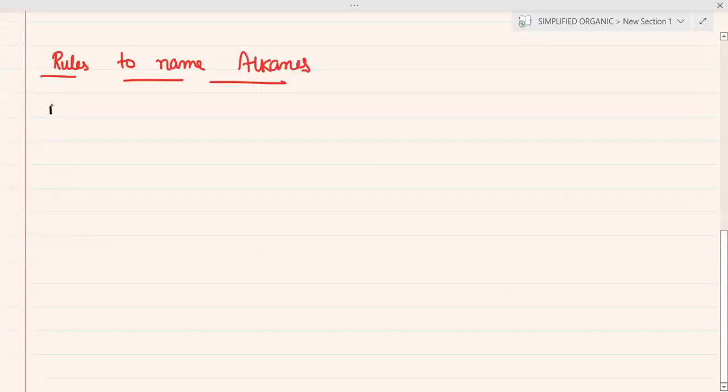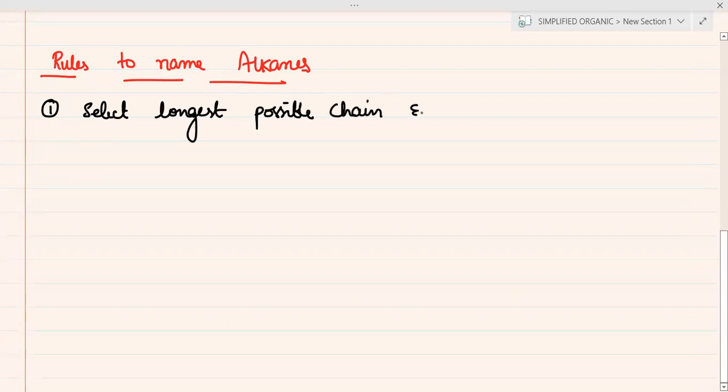Rule number 1. Select the longest possible chain and consider it as the parent chain.